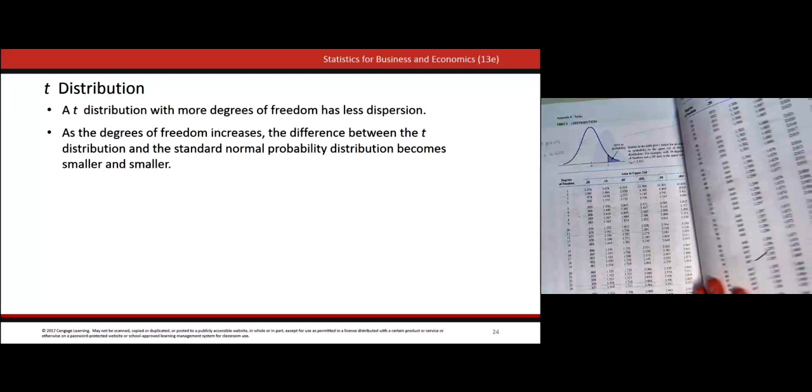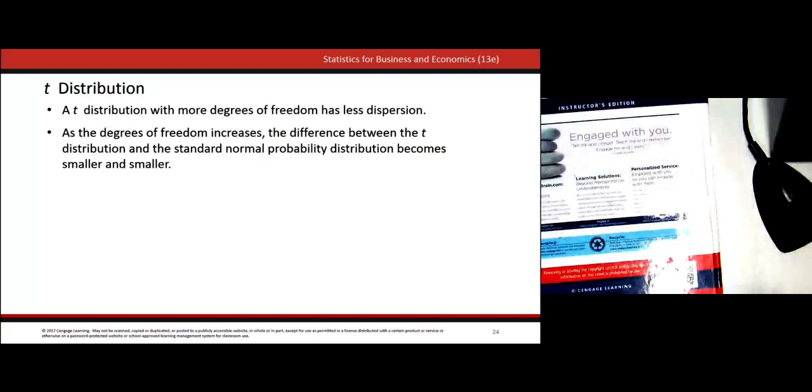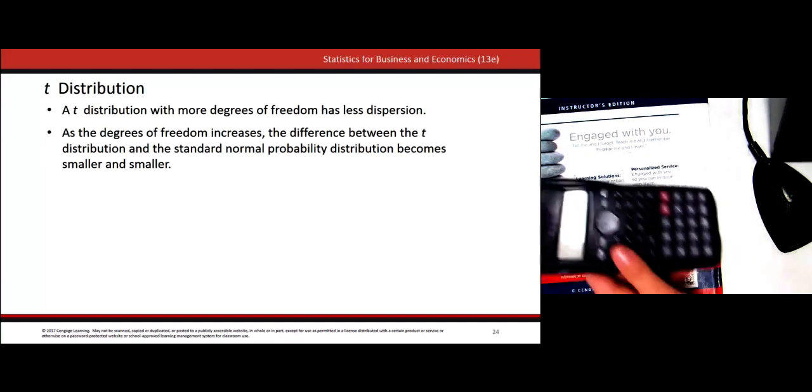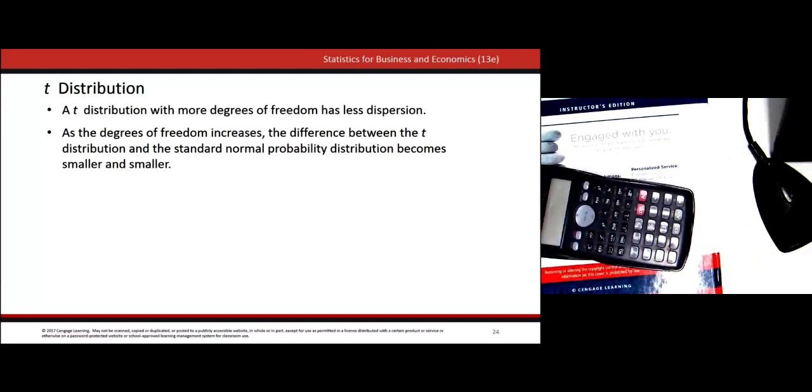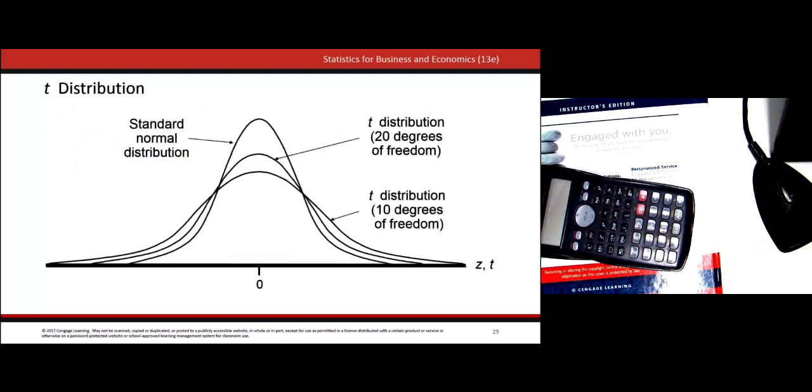The difference between the t distribution and the standard normal distribution becomes negligible as sample size increases. A t distribution with more degrees of freedom has less dispersion and approaches the standard normal distribution.